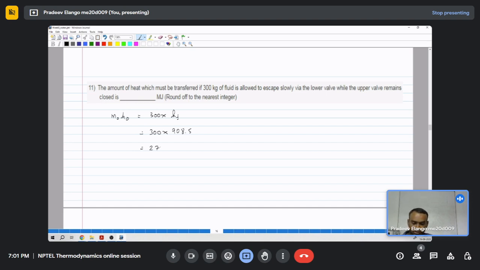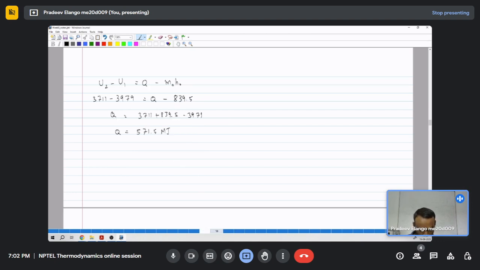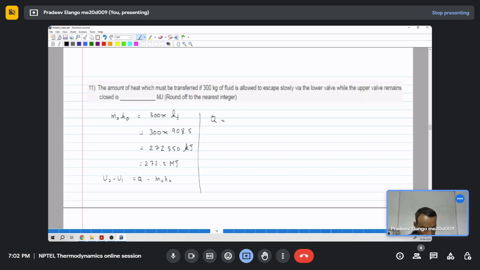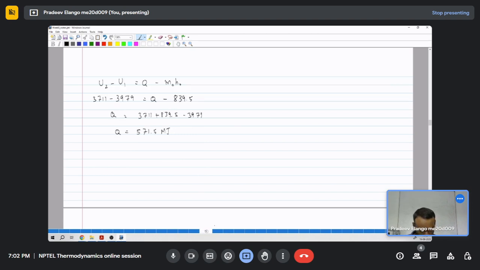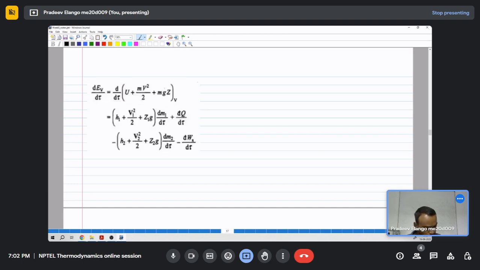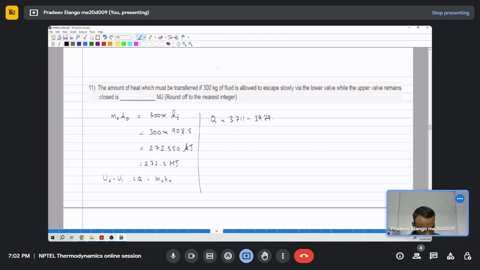This is 272,550 kilojoules or 272.5 megajoules. Now U2 minus U1 is equal to Q minus m_o h_o. We have Q is equal to U2, which is 3711, minus 3979, plus m_o h_o, that is 272.5.